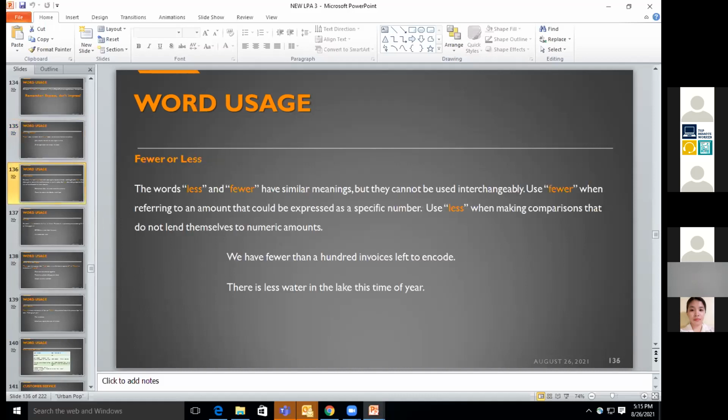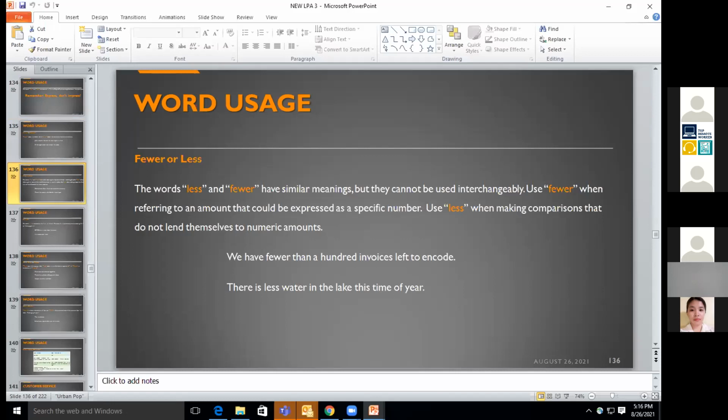Next, less and fewer. The words less and fewer have similar meanings, but they cannot be used interchangeably. Use fewer when referring to an amount that could be expressed as a specific number. Use less when making comparisons that do not lend themselves to numeric amounts. Sample: we have fewer than 100 invoices left to encode.